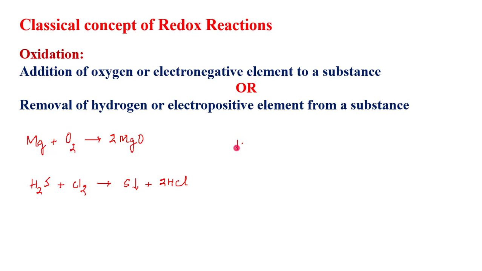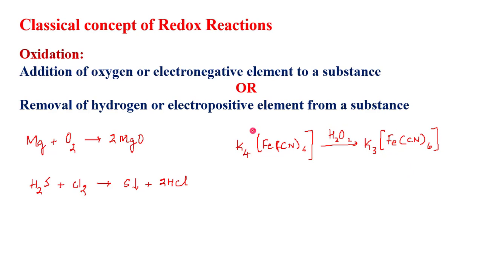Or removal of an electropositive element. Say for example, potassium ferrocyanide. Potassium ferrocyanide, when you treat it with hydrogen peroxide, H2O2, becomes potassium ferricyanide, K3Fe(CN)6, right?